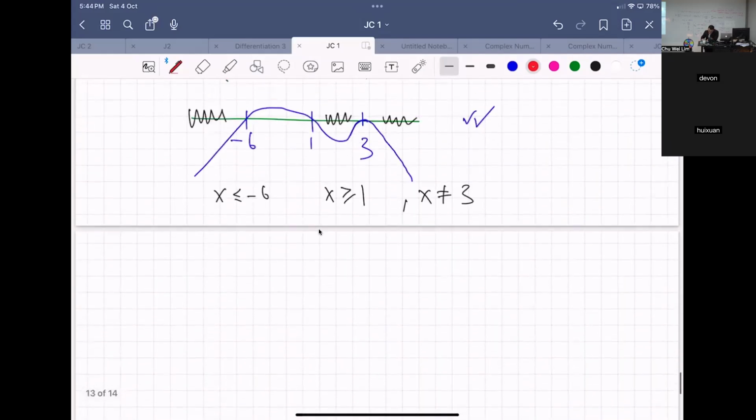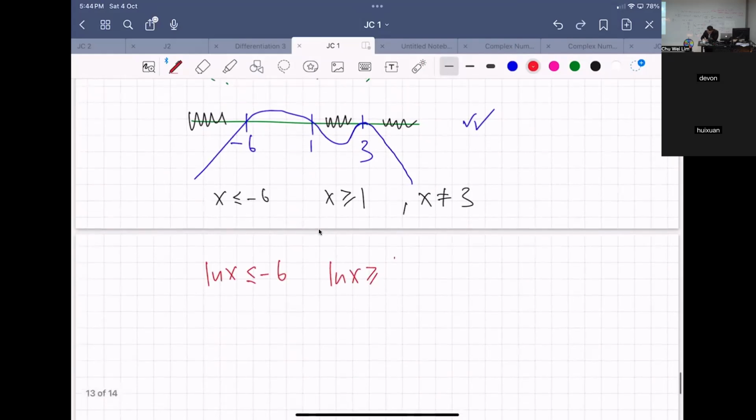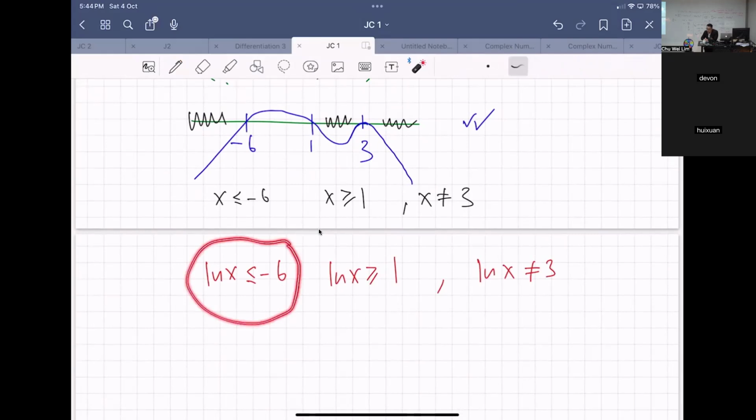So from here, you watch this. You have log x is smaller or equal to -6. log x is greater or equal to 1. And you have log x not equal to 3, right? Agree. Now, I'm also not sure why some students will reject this.